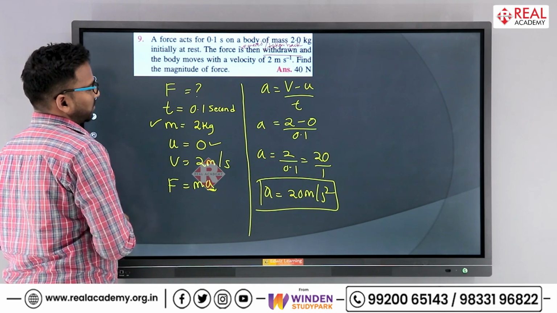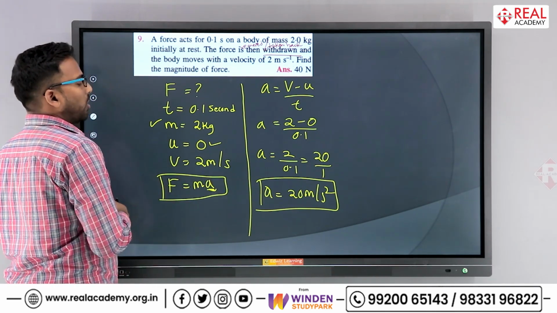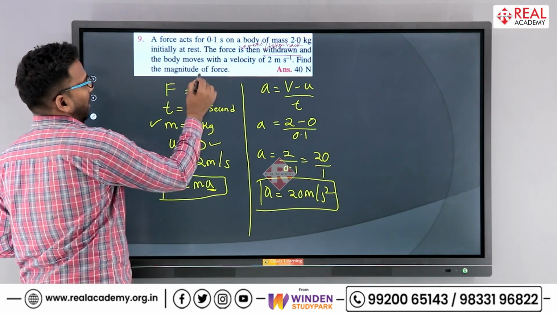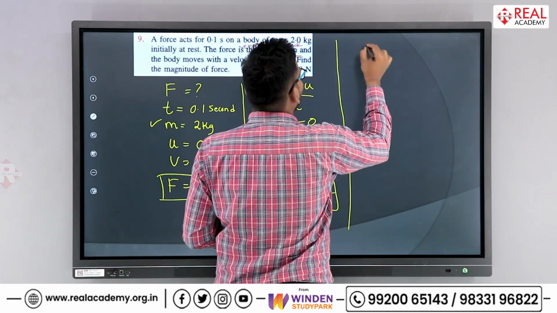Then we have got acceleration, so by using the second law of motion, that is F is equal to ma, can I get the value of force, the required answer? Yes. Let's apply.